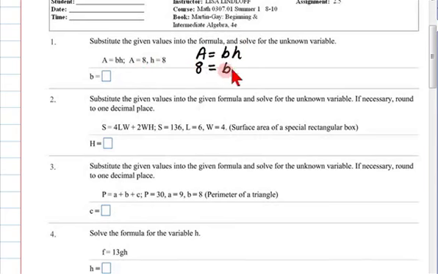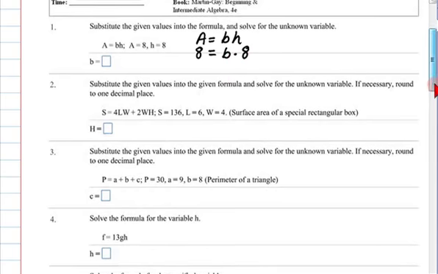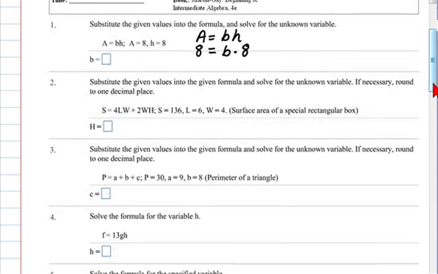So I keep the B, 8. This is now an equation, and I'm supposed to solve for the unknown. Well, what's unknown? What do you not know? B. Usually you're solving for the area, but this time I'm solving for the base.